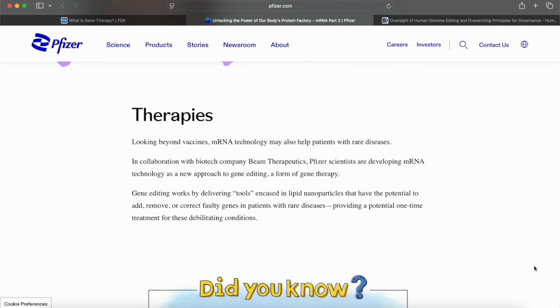Therapies. Looking beyond vaccines, mRNA technology may also help patients with rare diseases. In collaboration with biotech company Beam Therapeutics, Pfizer scientists are developing mRNA technology as a new approach to gene editing, a form of gene therapy.